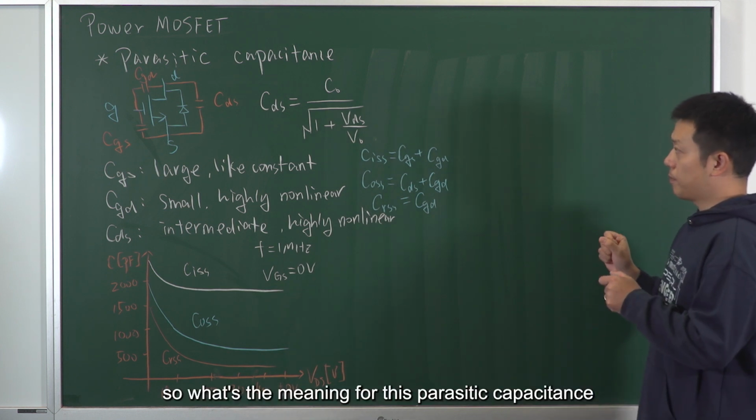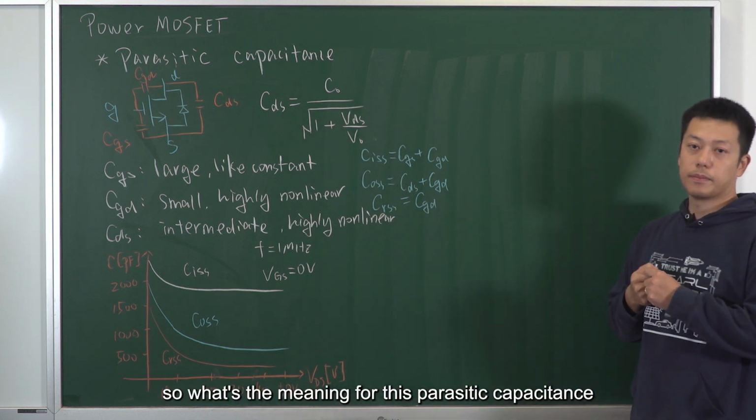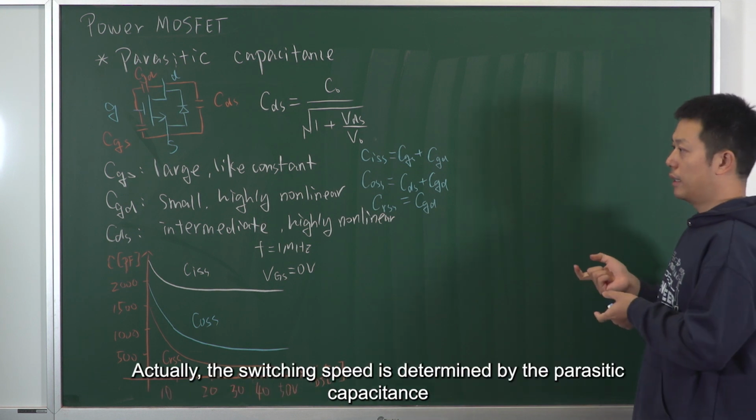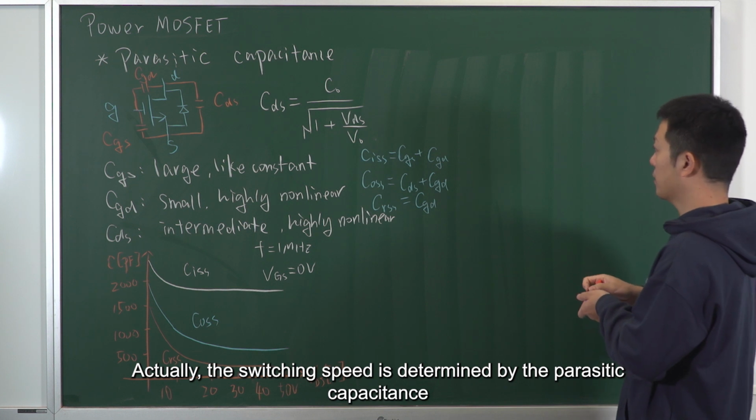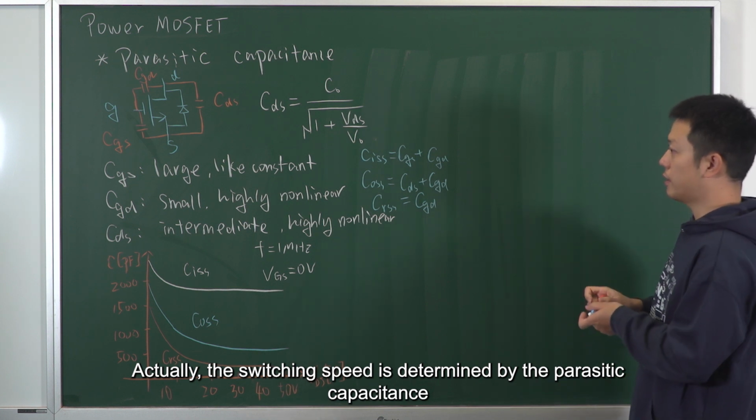So what's the meaning of this parasitic capacitance? Actually, the switching speed is determined by the parasitic capacitance.